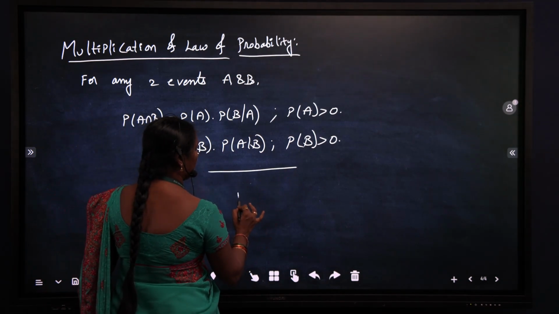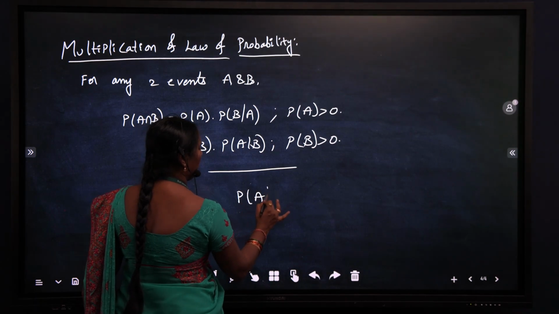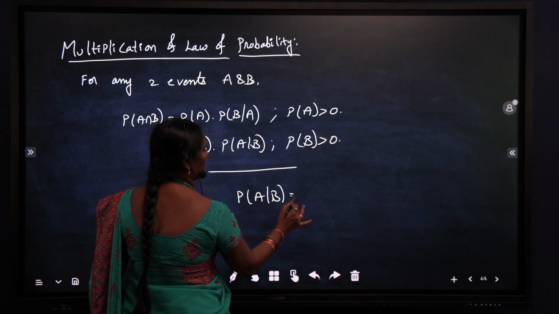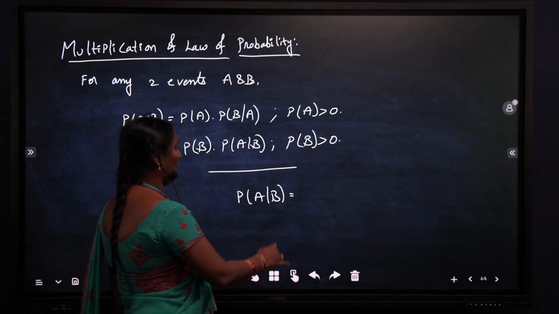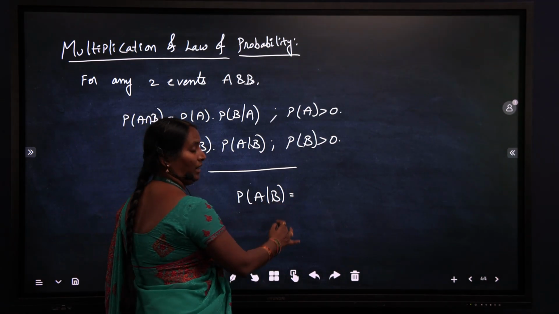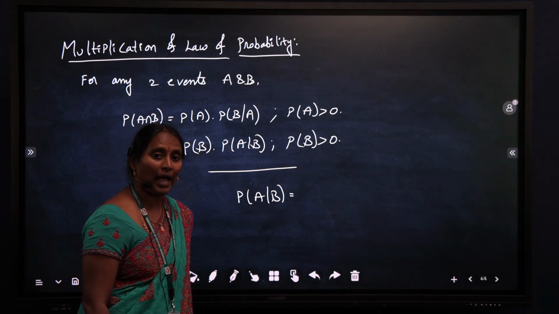Suppose we define P of A given B as the conditional probability of A. When event A is said to be conditional, it means the event B has already happened.